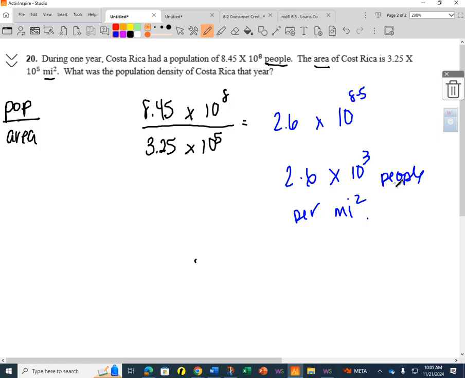I won't take off if you don't put that, but I will give you extra credit if you do, because it's important that you understand what this problem means, right? Not just the numerical part. That means for every square mile, there's 2.6 times 10 to the 3rd power. 10 to the 3rd power is 1,000, so that's 2,600 people in every square mile.